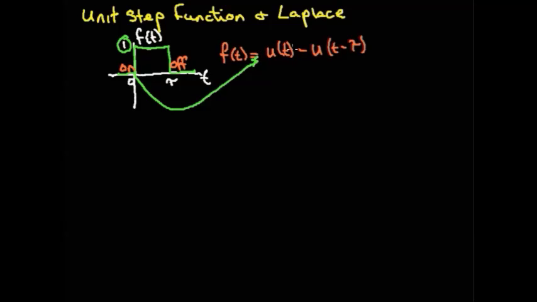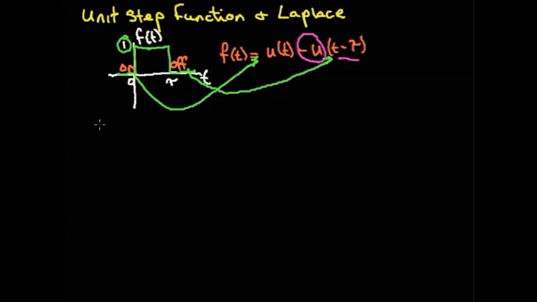And so my function is now running at 1. And then at some point in the future, and the future is t minus Tor, I then switch the function off. And here is me switching the function off at that point in time.